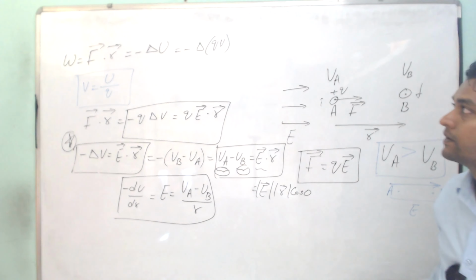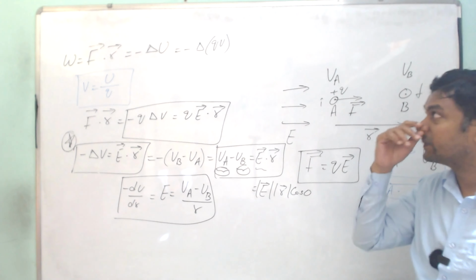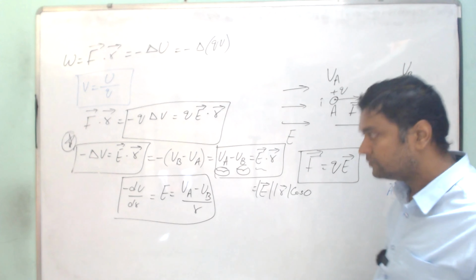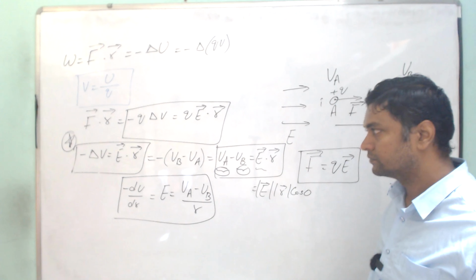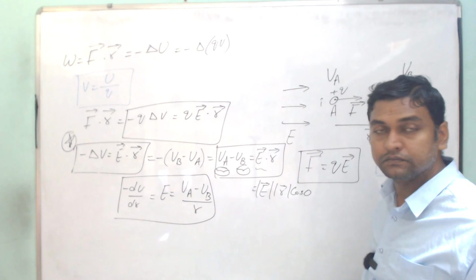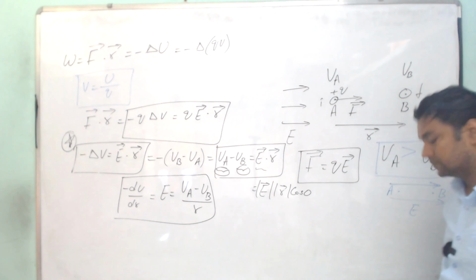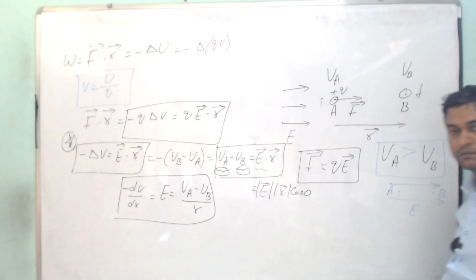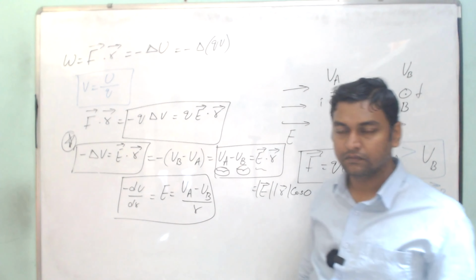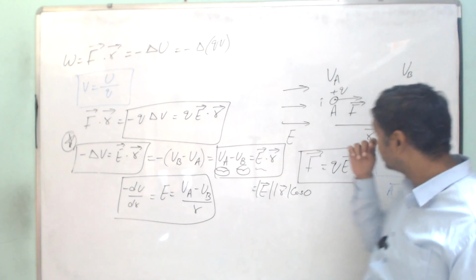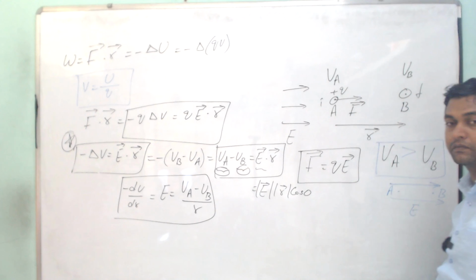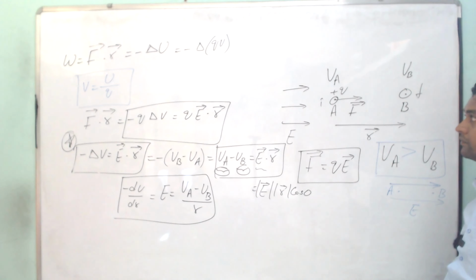Repeat. Sir, initially when it is getting displaced by dr, it is having the same potential at A, but when you're displacing dr, it is becoming dVB, right? Won't we write dVB?